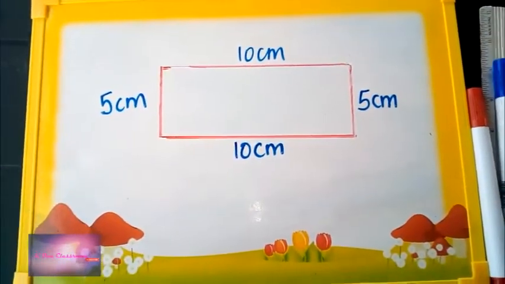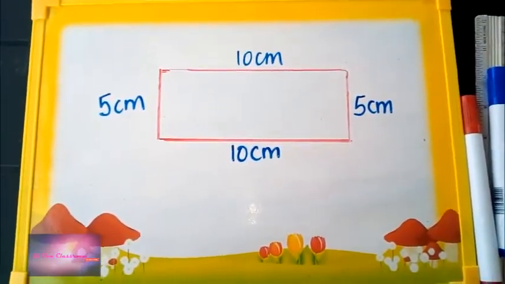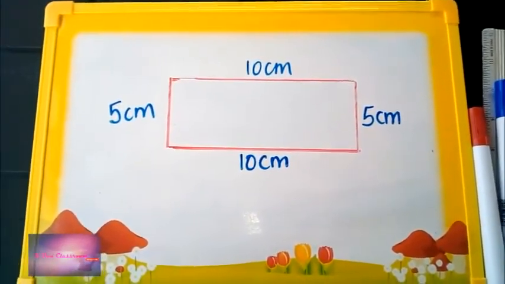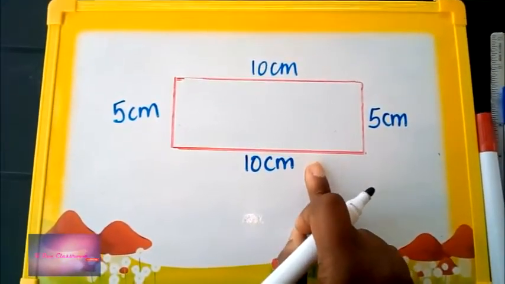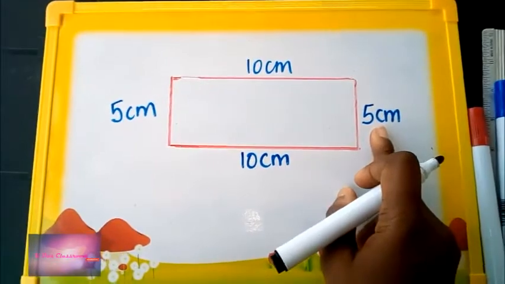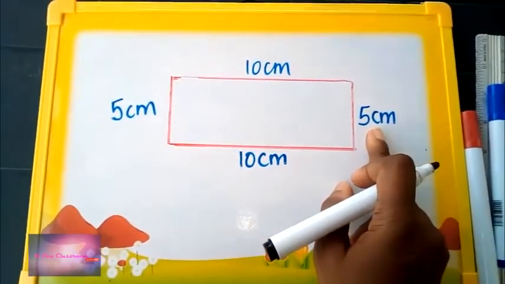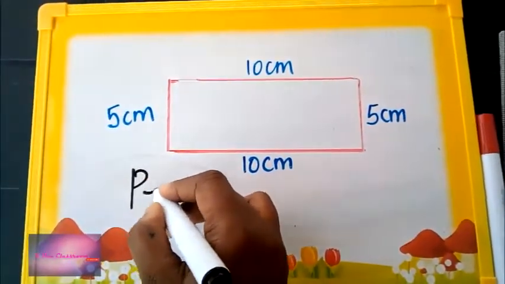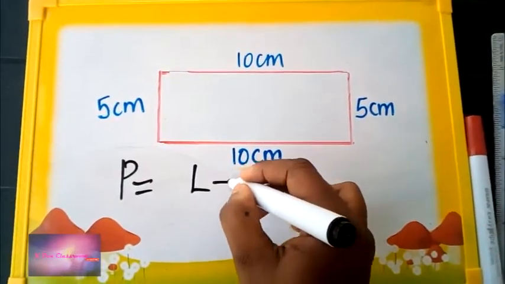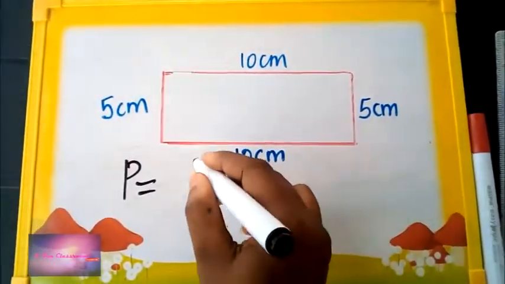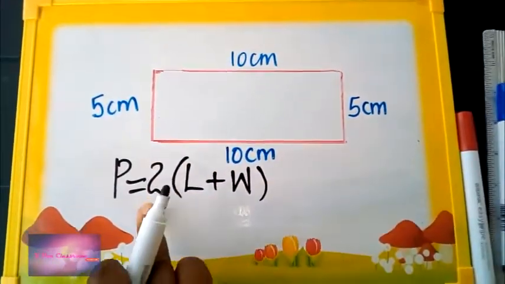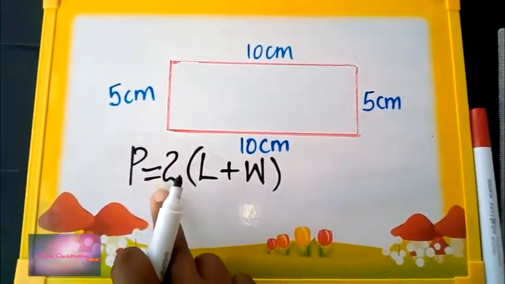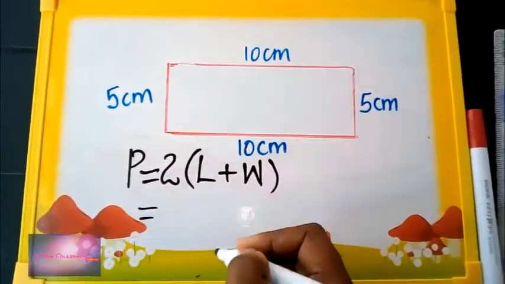Now, what if I don't want to go and add all the sides? Yes, there's a shorter way to do this. All I would need to know is the size of one long side and the size of one short side, and then multiply it by 2. So we would write P equals 2 times the length plus the width. This is simply saying everything in the bracket is multiplied by 2. So let's write in our information.